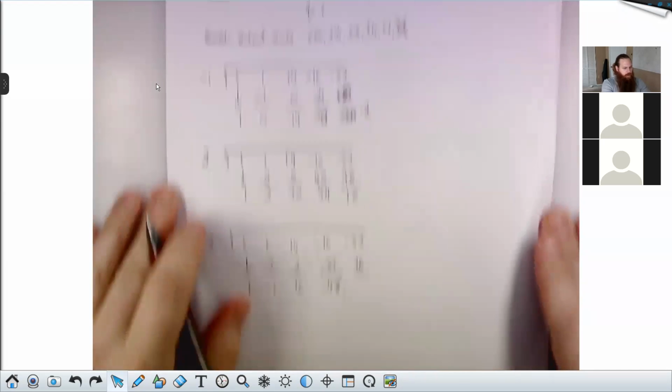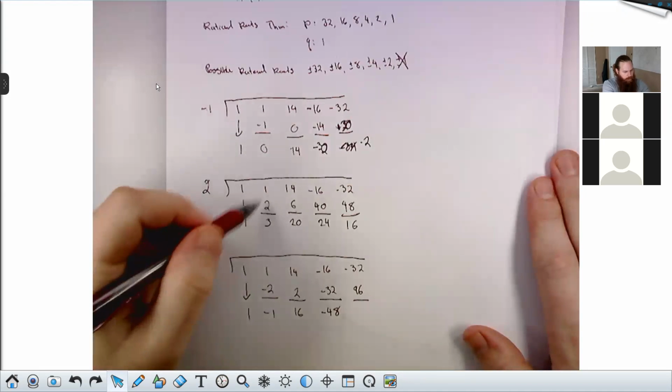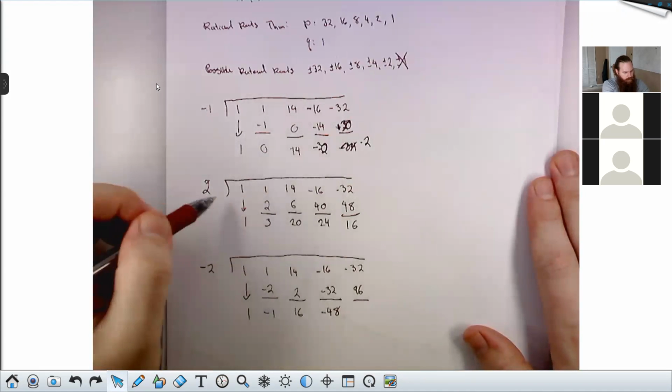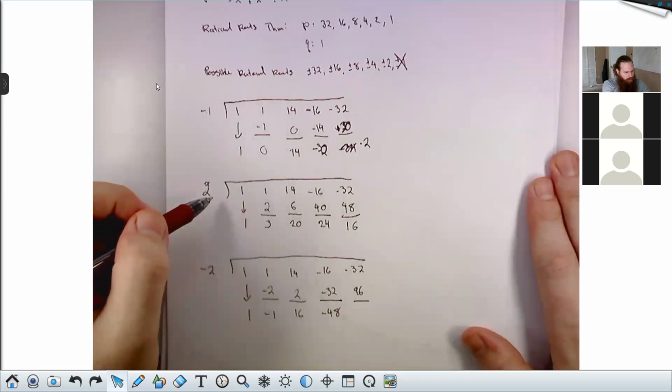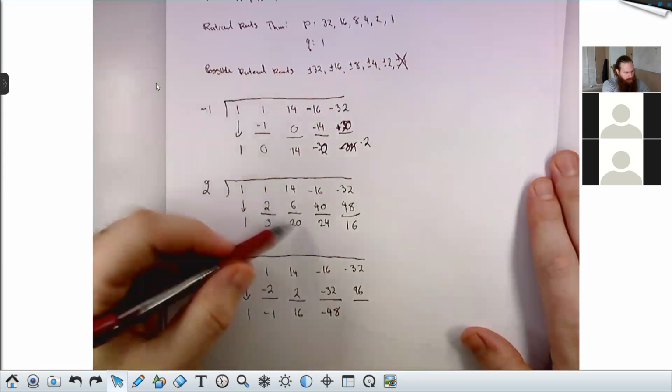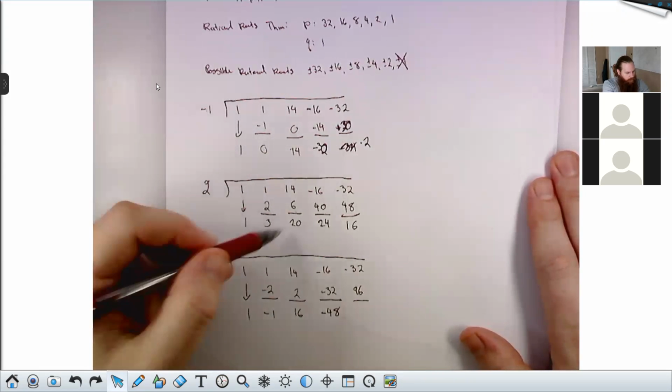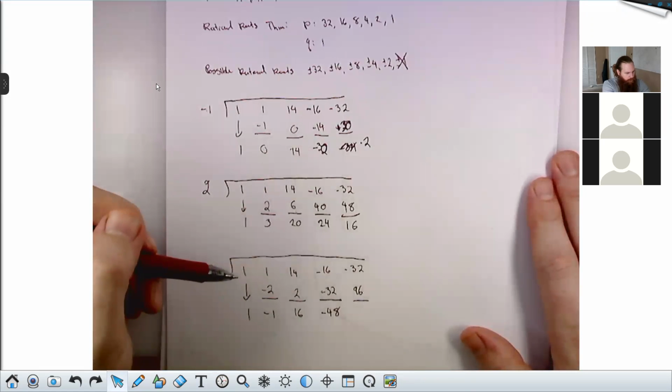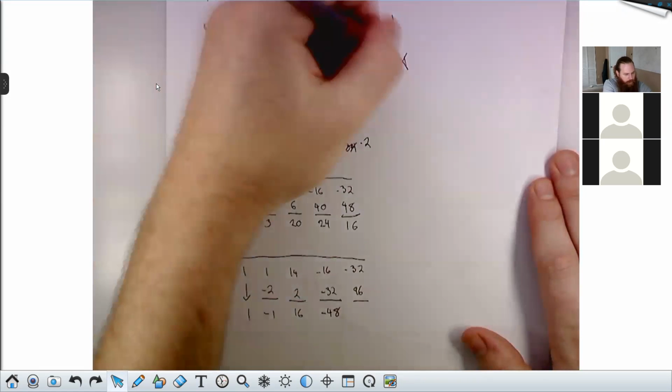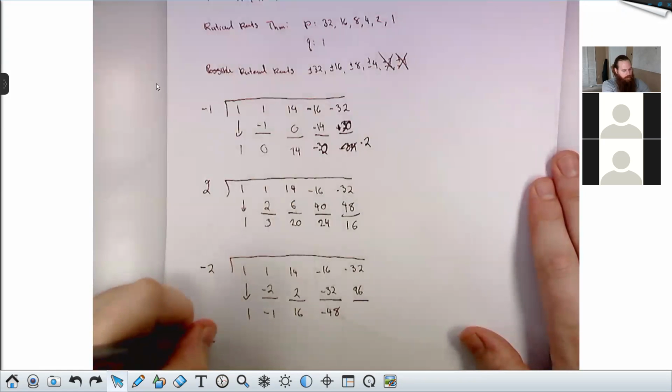The 2's have both been checked. Neither of them worked. Double checking, 6, 20. And that 14 is supposed to be positive, right? Yeah. So that's 40, it's 24. Yeah, okay, so both of the 2's are out. 4 is next.